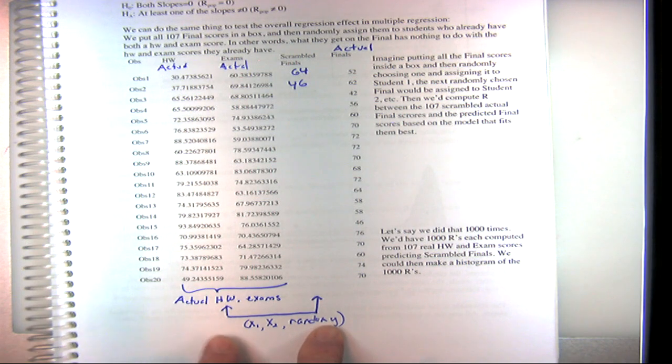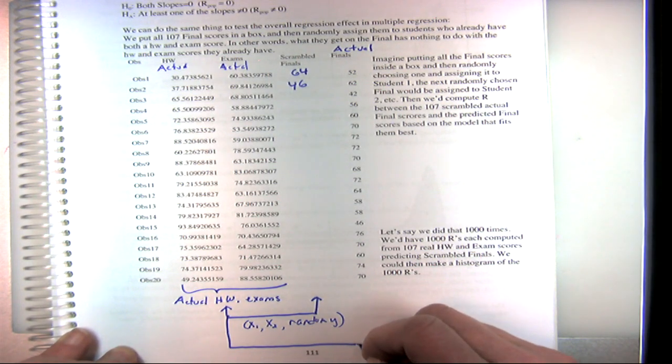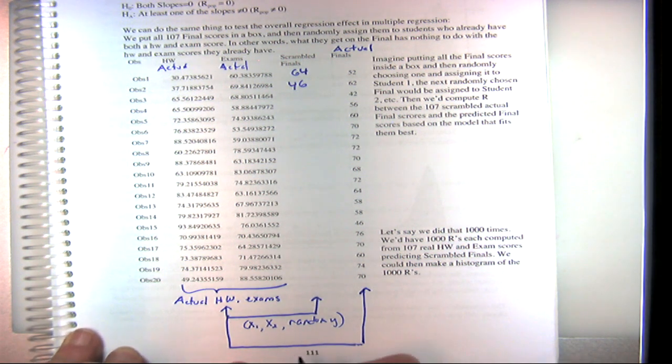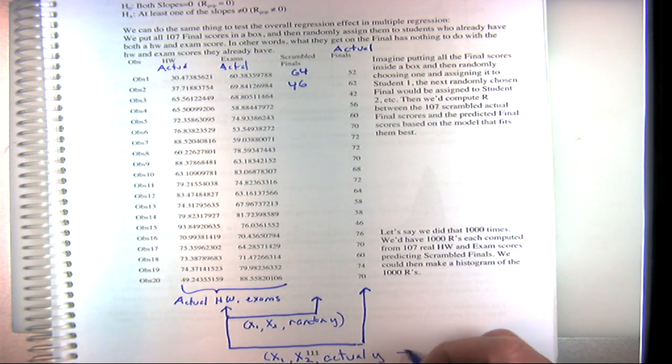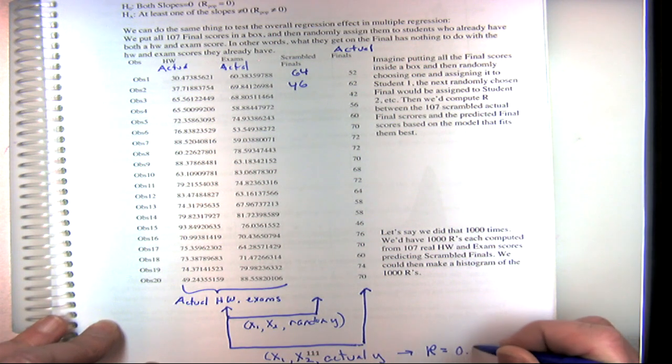And we want to know how well these two predict the random y, as opposed to here, where these are all the actual ones. Here we have the actual x1, the x2, and then we have the actual y. All right? And this led to an R equal to 0.6198.